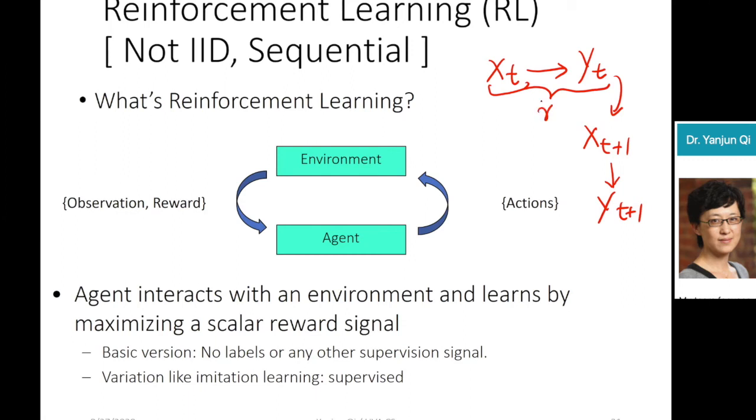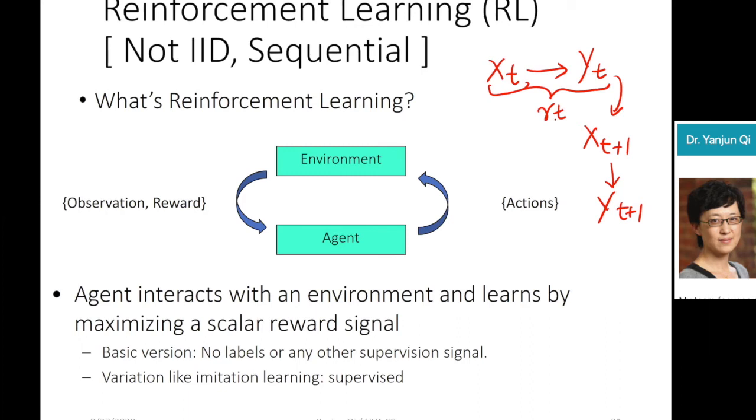What's the reward I get at that specific state? I actually do not know at the current XT what YT I should take. But I know the reward, and I know the previous history of the reward.